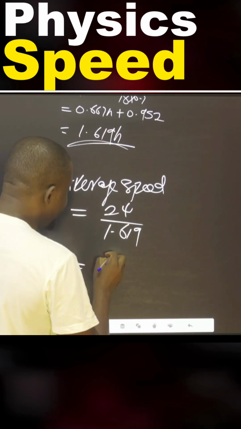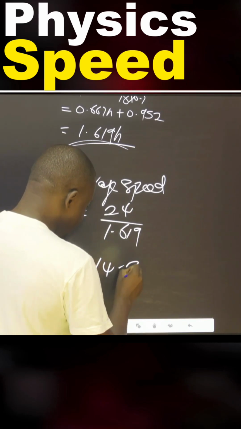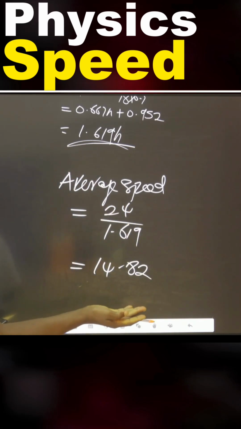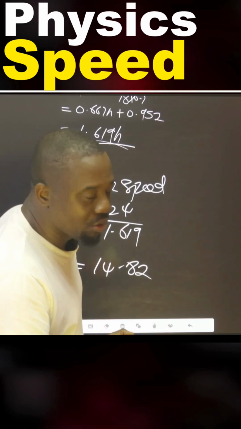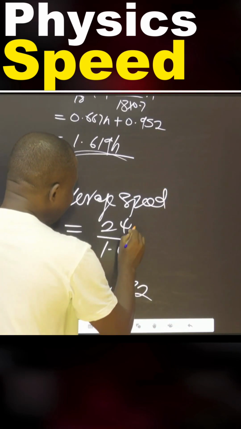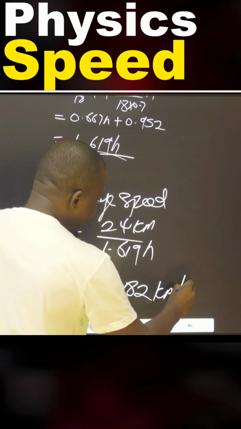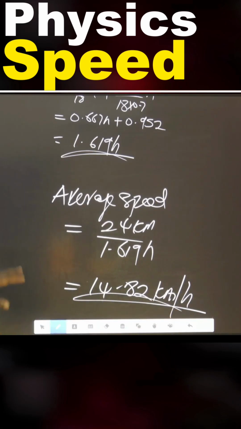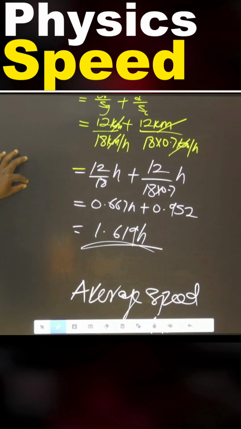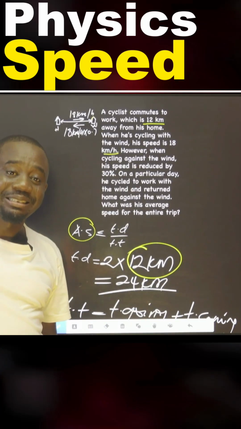The final answer for us is 40.82. What is the unit? I did not put it here, so the first is kilometer, and this is in hour. It means it's kilometer per hour. That is the answer. Hope you understand this. Thank you for viewing.